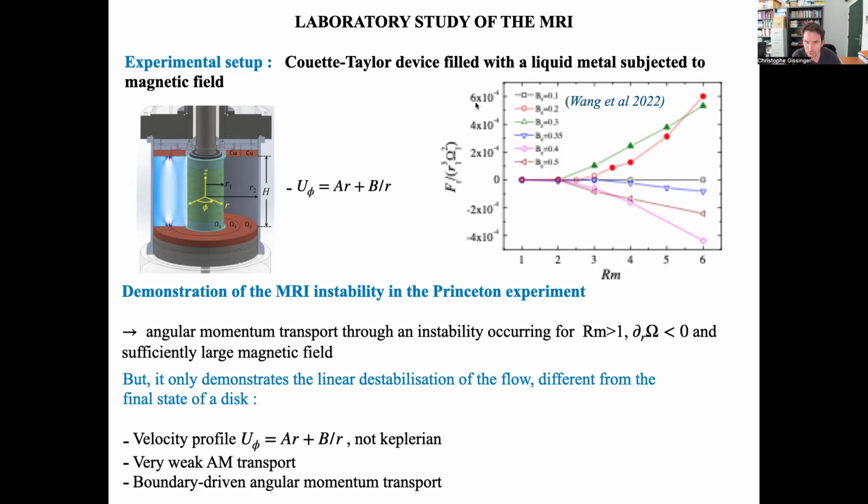So as a consequence, you can see at this number here that the flux of the transport of angular momentum remains quite weak in this experiment. It's only at the onset of the MRI. So it has nothing to do with the fully developed angular momentum transport that we expect in a real disk. So it's very hard, again, to extrapolate these curves over several orders of magnitude to make a prediction for angular momentum transport in accretion disks.